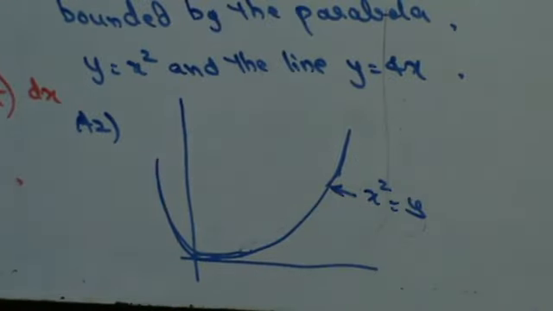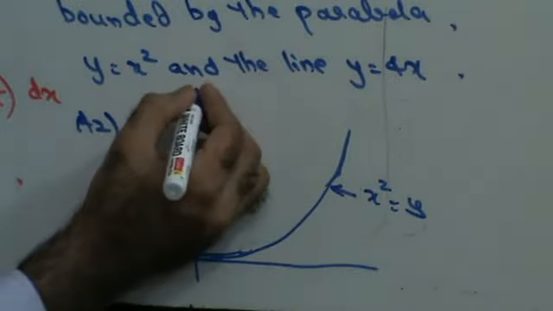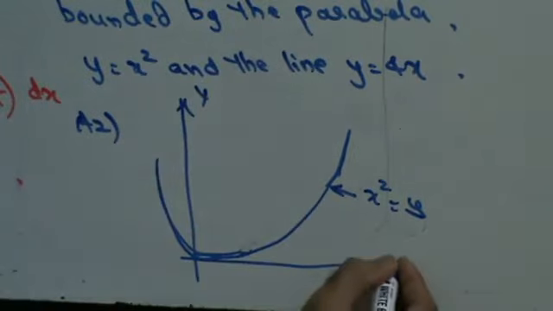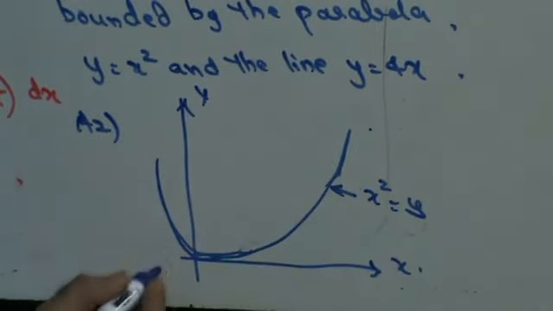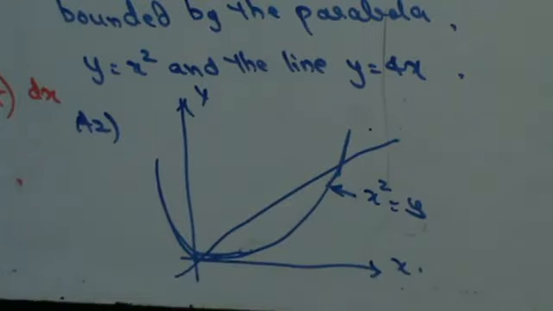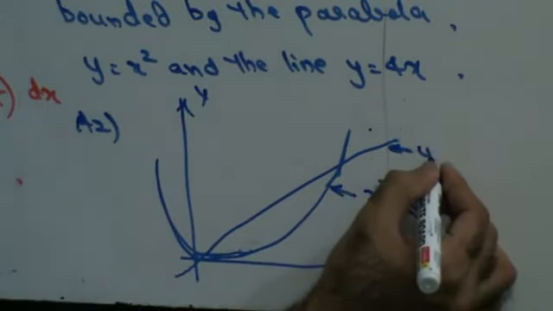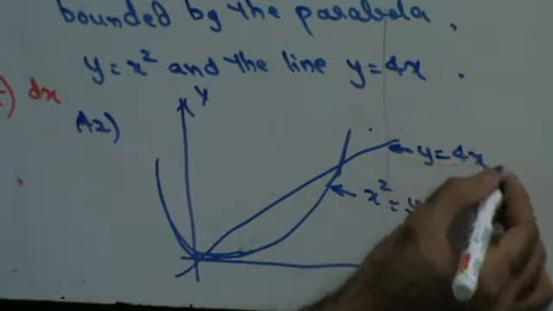Since it is x square is equal to y, it has to be a parabola that's along the y-axis, right? And I need a line that is passing through the origin. This is that line passing through the origin. Equation of this line is y is equal to 4x.